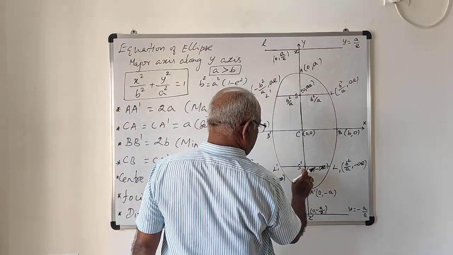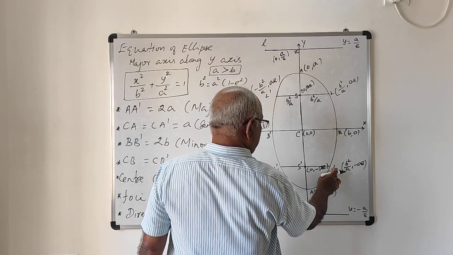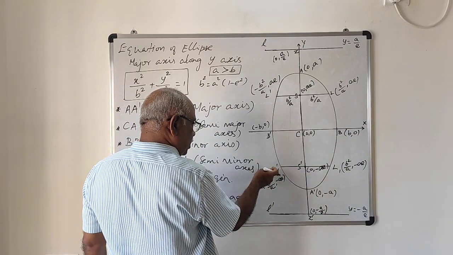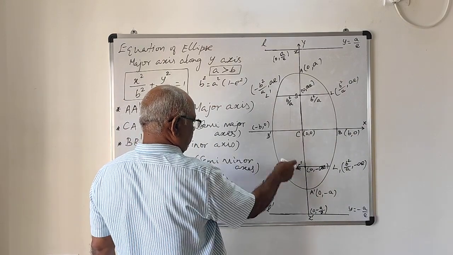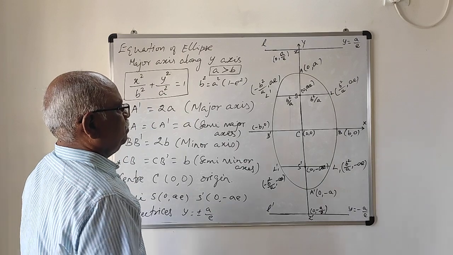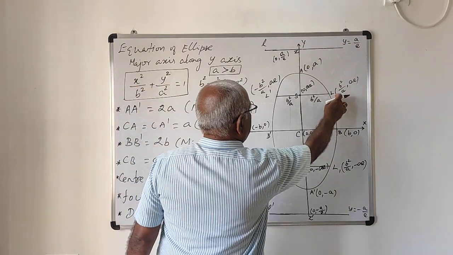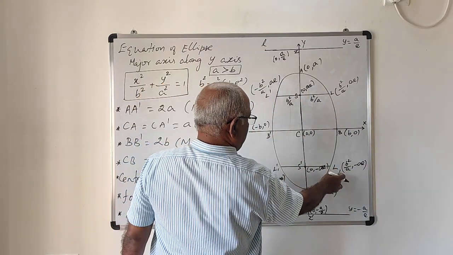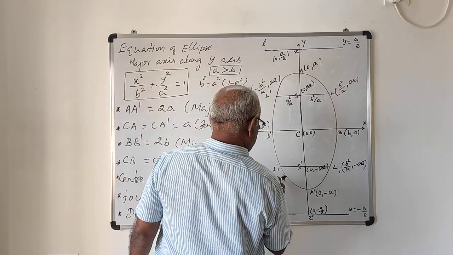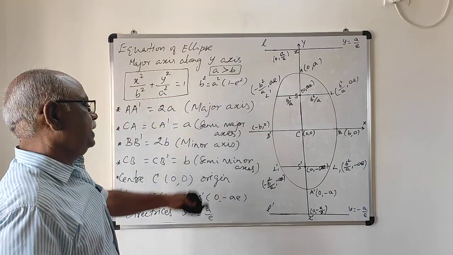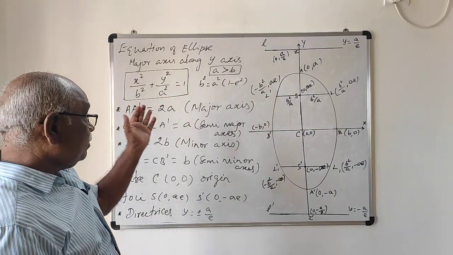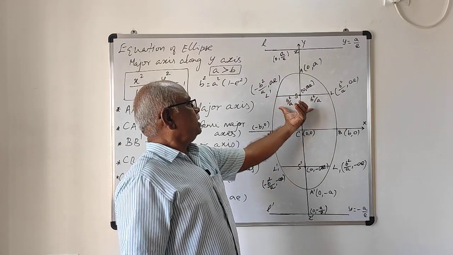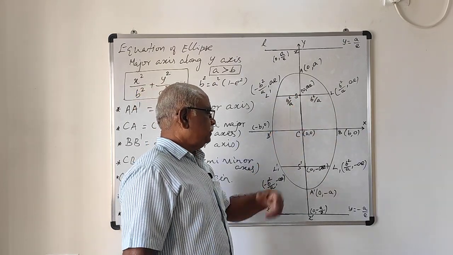Similarly, the endpoints of the other lateral rectum L1L1' are (b squared by a, minus ae) and (minus b squared by a, minus ae). Length of the lateral rectum is 2b squared by a.